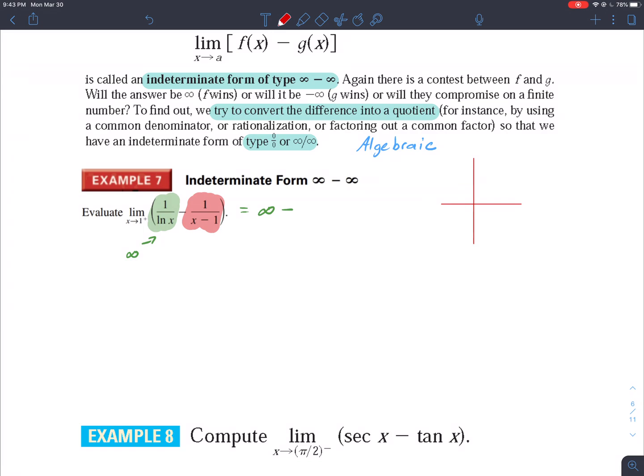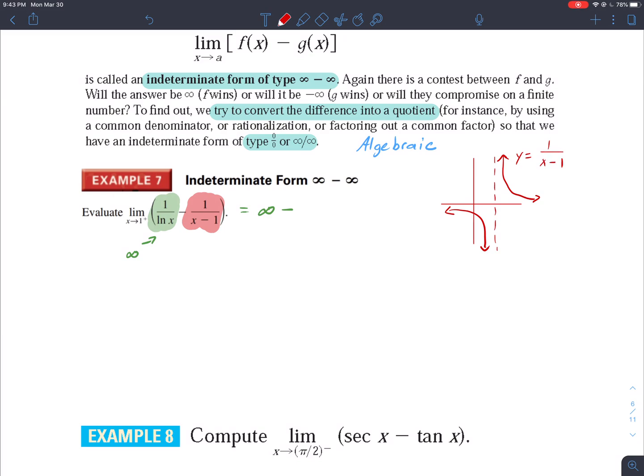This red piece, as x approaches 1 from the right, 1 over x minus 1. 1 over x minus 1 is just the rational function 1 over x shifted 1 unit to the right. And so it's going to look like this. This is y equals 1 over x minus 1.